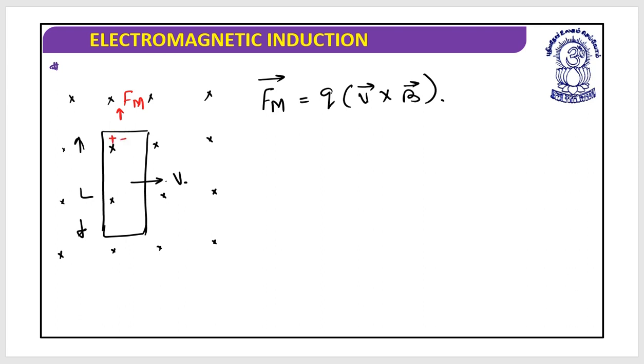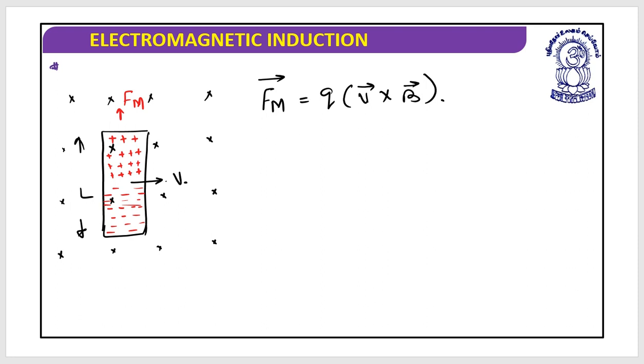So in this situation, the positive charges start accumulating in this part of the rod. This is the place of the positive charges, and on the negative end, the electrons would be there. You can check it using the directions.